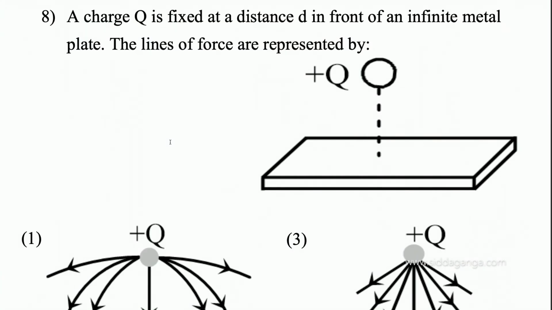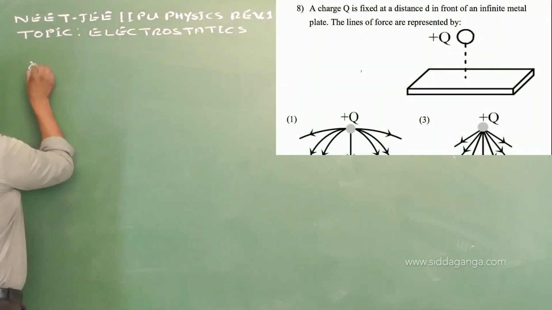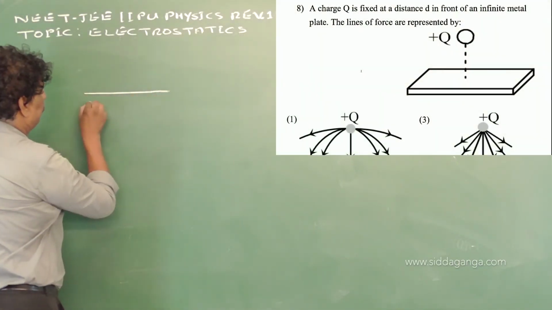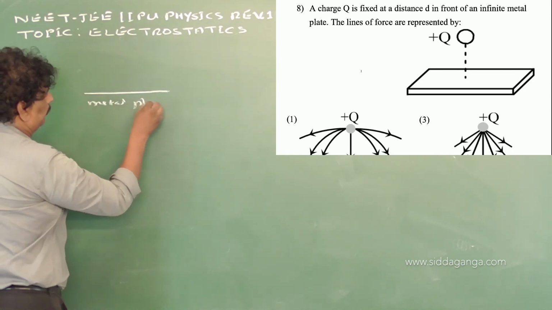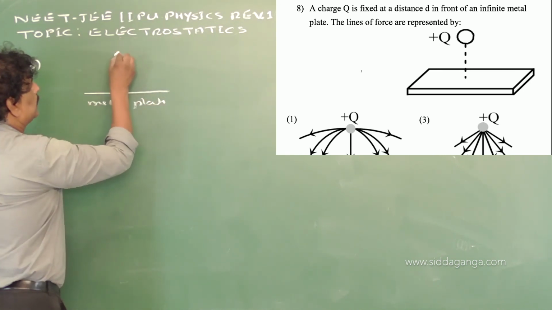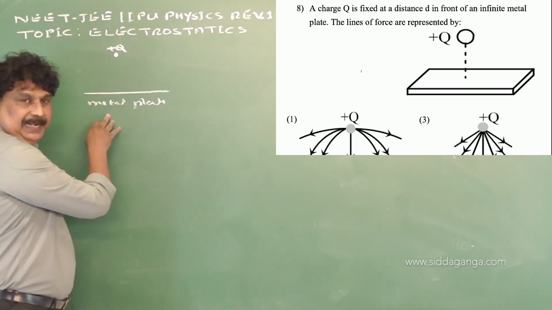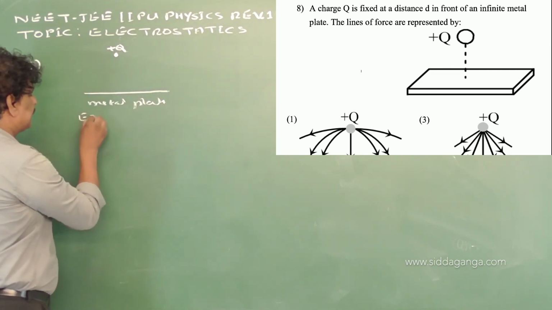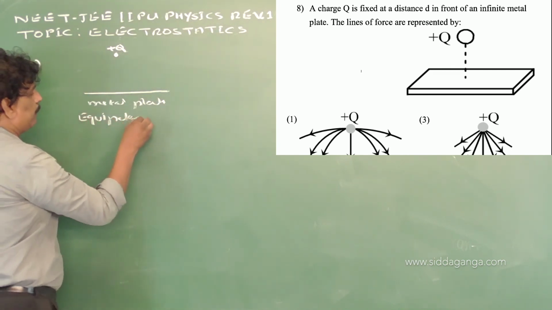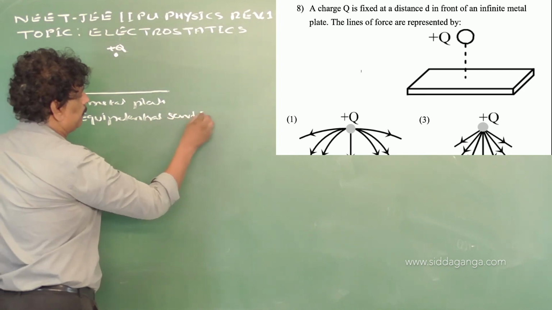Now question number 8. A charge Q is fixed at a distance D in front of an infinite metal plate. The lines of force are represented by which figure? Here we have a metal plate, and this is a charge plus Q. Since there is a metal plate, that metal plate acts as an equipotential surface.